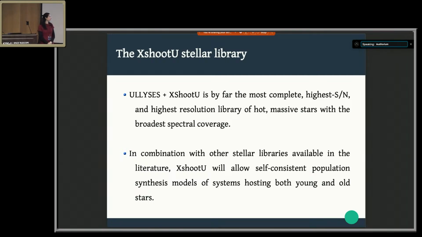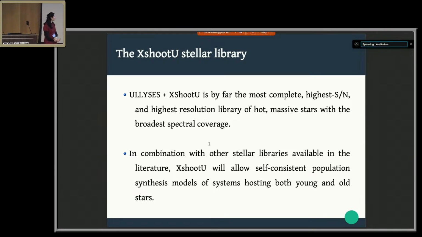So when I do that, I think this is going to be the next step for stellar population modeling, because Ulysses plus X-Shooter is for sure the highest coverage in hot stars, highest signal to noise, higher resolution of hot massive stars of low metallicity that we have so far.